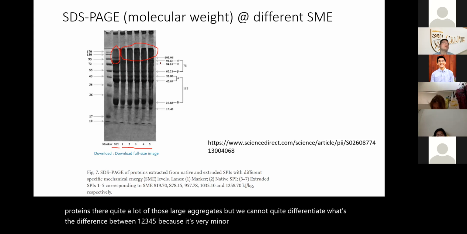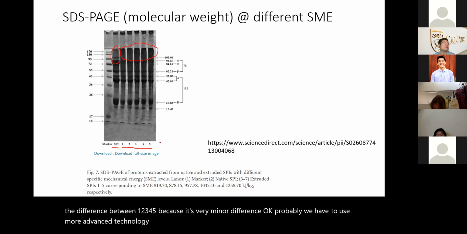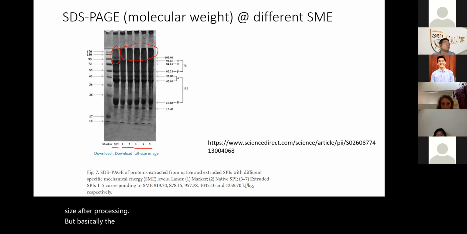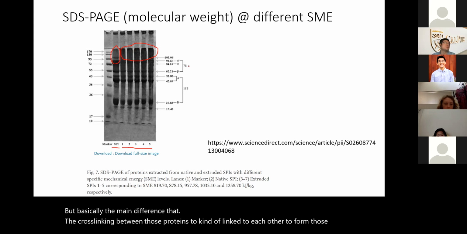Probably we have to use more advanced technology to compare how different SME equals different molecular size after processing. But basically the main difference is the cross-linking between those proteins, linking to each other to form those 3D networks, all right?